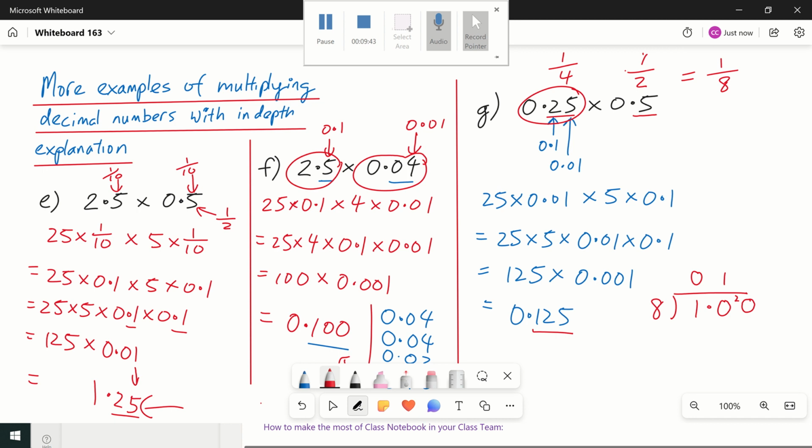I can go with 2 of them. 2 times 8 gives me 16, and so I'm left with a remainder of 4, which I combine with a 0 behind. So that is 40 1,000ths. How many 8s go into 40? That's 5. So therefore, the answer is 0.125.